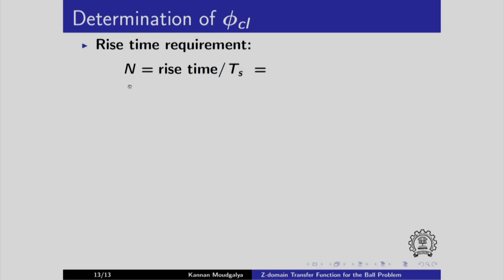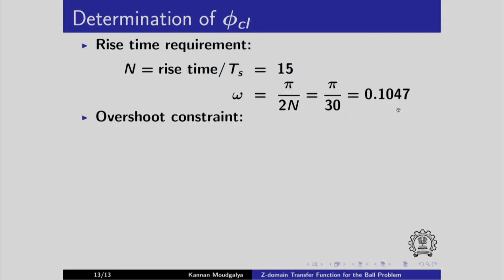The rise time condition becomes n equals rise time by Ts. This was 0.15 divided by 0.01, that is 15, and omega is chosen as pi by 2n. So let us substitute for n as 15. So we get this omega to be 0.1047.